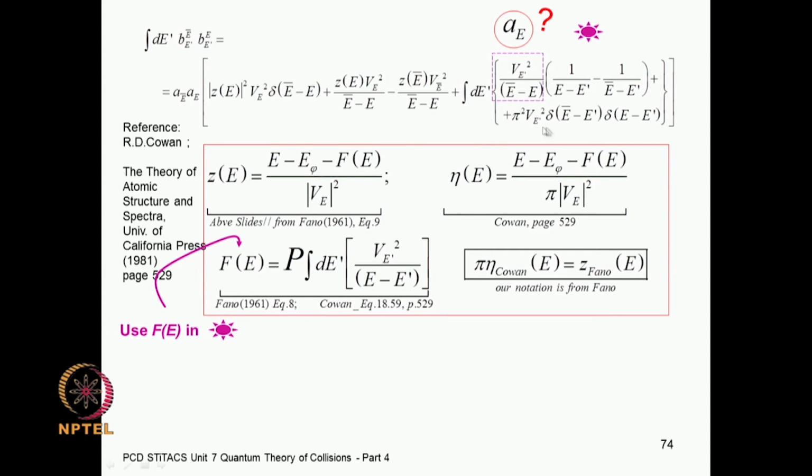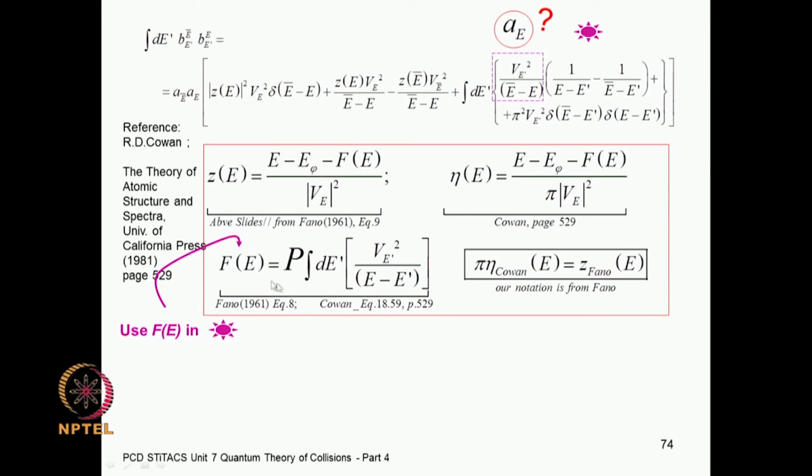Here we have this relation in which you have an integral over e prime of a quadratic term in v over e bar minus e, and this is where you can use the principal value integral, which is represented by the function f.